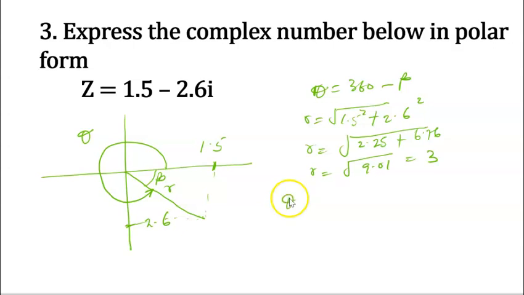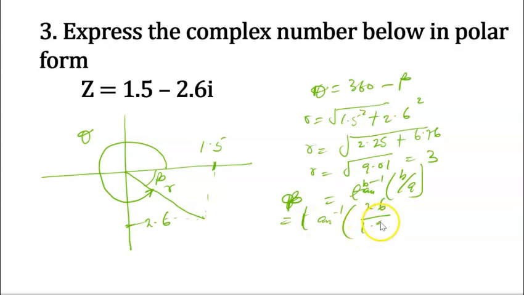Now beta in this case will be the same thing as tan inverse of B over A, which is tan inverse of 2.6 divided by 1.5. That's 1.733.